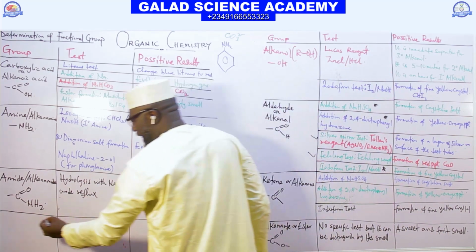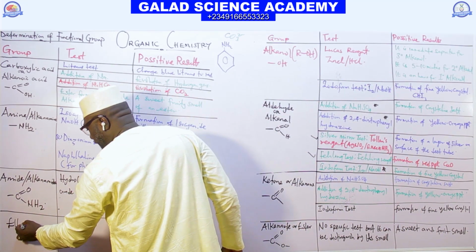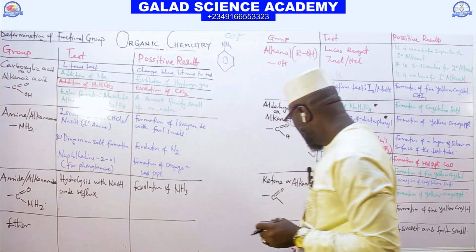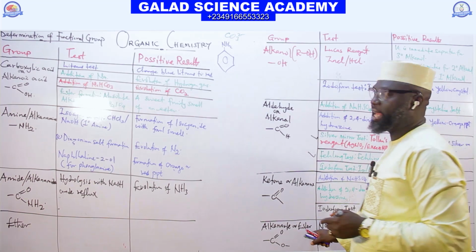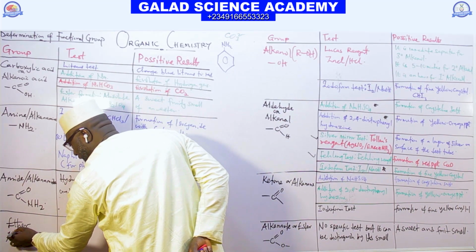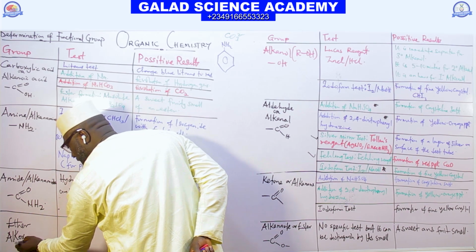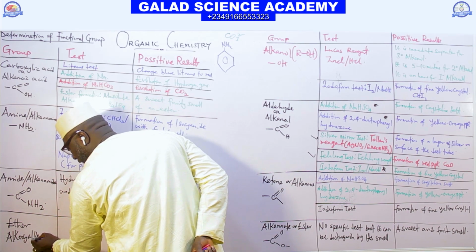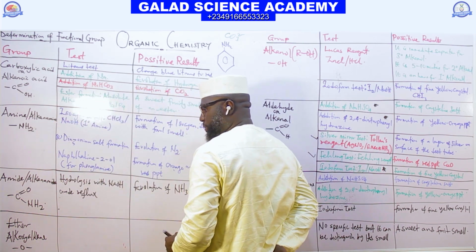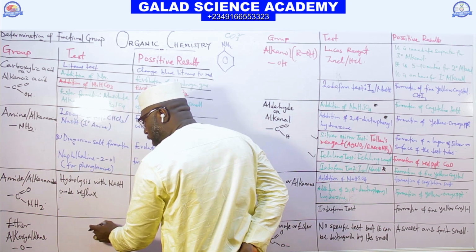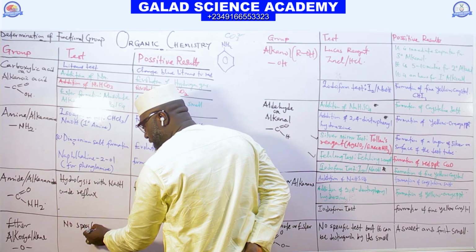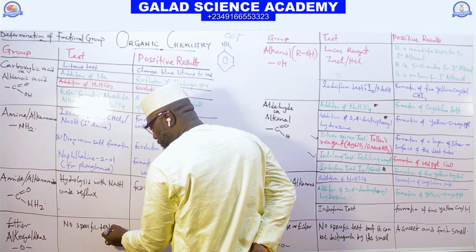So let me add one compound which is known as ether. Ether differs from ester. Ether is known as oxyalkane. This is the functional group. This ether also has no specific test.